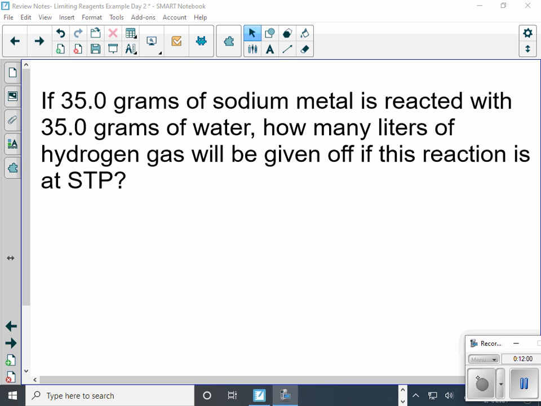Now, some things that I have to do. I have to go through and look. Sodium metal is reacting with water. I go back through and I look. That is a single replacement reaction. Specifically, it's a single replacement number 2. An active metal plus water yields a metal hydroxide and hydrogen.